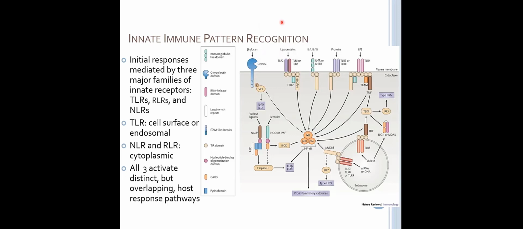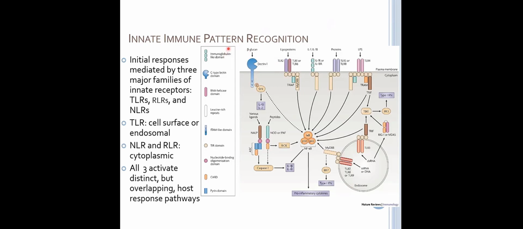And his lab, in collaboration with Ruslan Medzhitov, who was the senior scientist in his group at the time, went on to define some of these pathways. And Ruslan Medzhitov did not win the Nobel Prize for this work, which was quite controversial. Charlie Janeway had passed, but there was a Nobel Prize awarded for innate immunity about 10 years ago now.